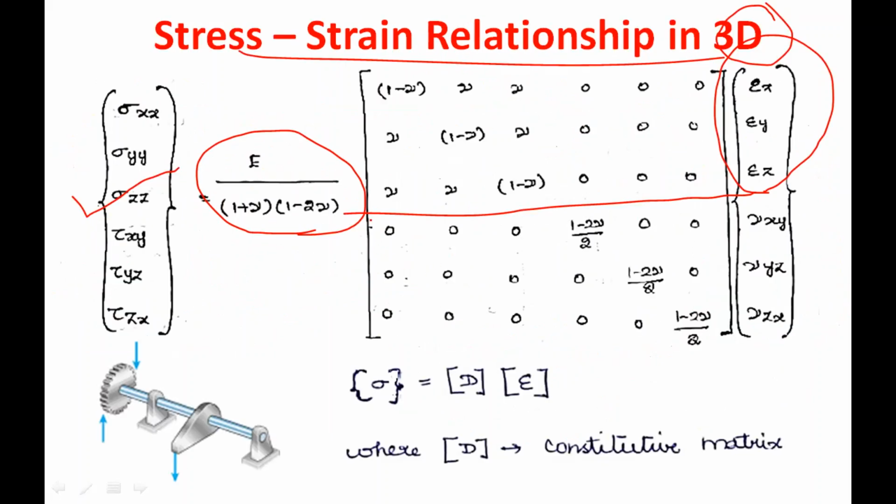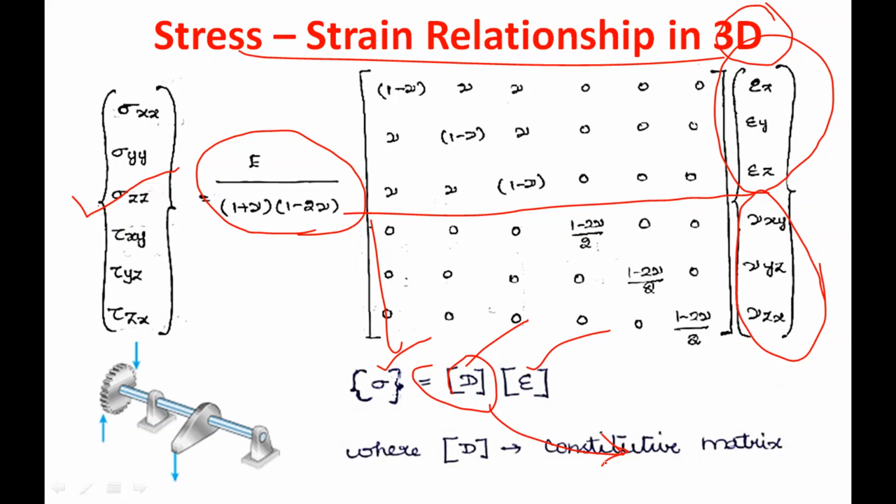So these 3 rows for shear stress, 1 minus 2 nu by 2, 1 minus 2 nu by 2 we are getting. This is the shear strain. Sigma, the stress matrix, is equal to D matrix into epsilon matrix. So where D matrix is called a constitutive matrix or elasticity matrix or stress strain relationship matrix.